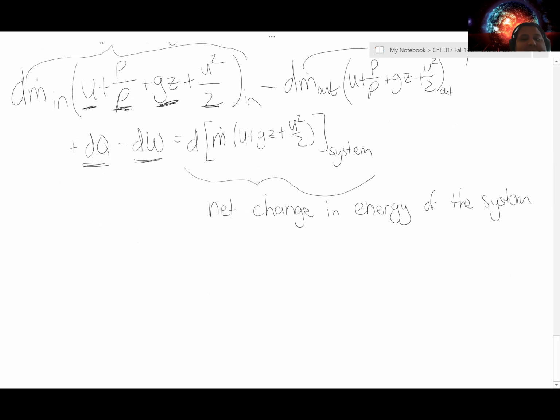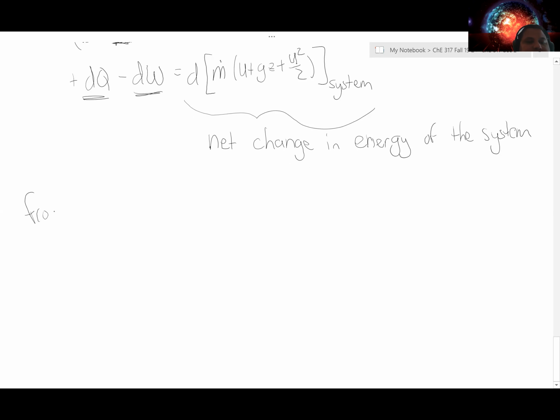You can also define from thermo that the change in internal energy can be equated with a change in heat, a change due to friction, minus PV work, delta P over rho.